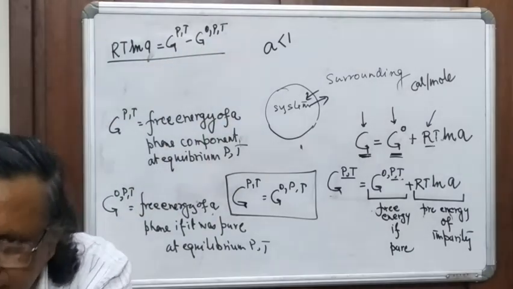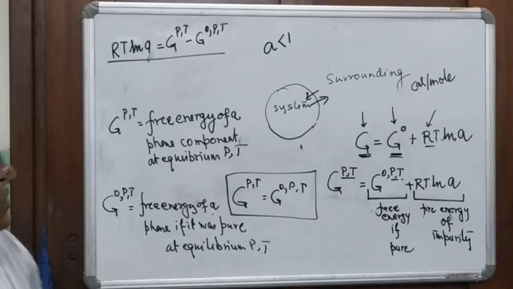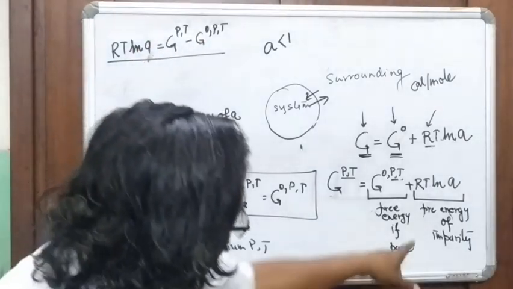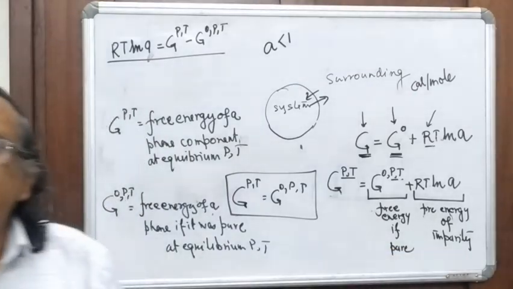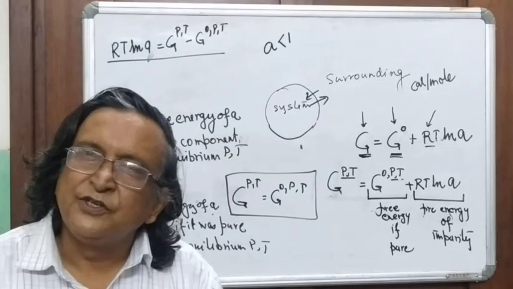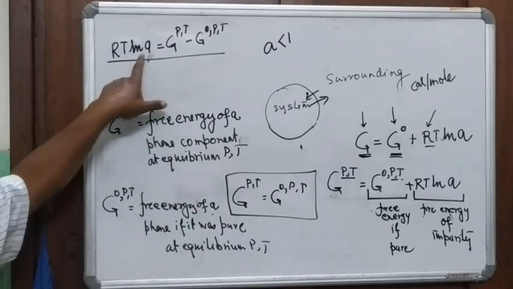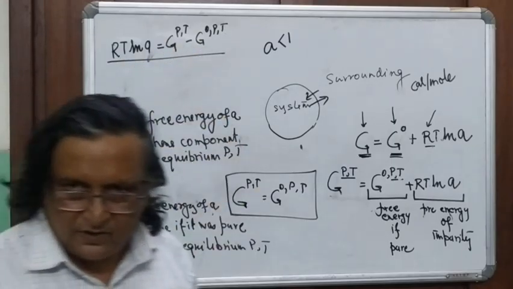G0 PT is the free energy if it were the pure phase. And if you take the subtraction, that's the free energy of impurity. Isn't it? That's what you said. So RT ln A is equal to G at PT minus G0 at PT.